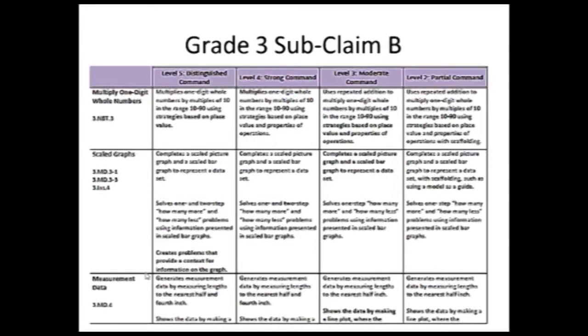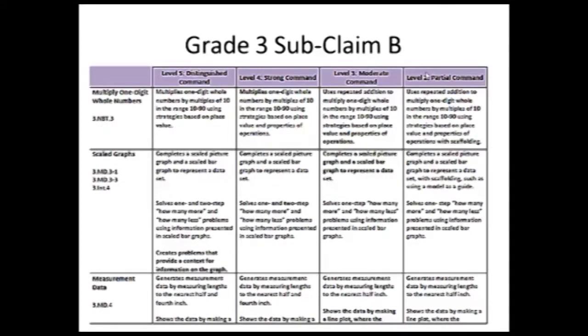In third grade, you'll see a direct connection to what we talked about in subclaim A, but a little bit of a different focus as far as how what we're doing with subclaim B is connected to subclaim A. So for instance, we had a multiplication focus in third grade, but in subclaim B, we see that we're starting to look at multiples of 10 and really multiplying and connecting that place value to that multiplication process and procedure, as well as a change in the numbers that are used as kids go from level 2, only partial command, to level 5.